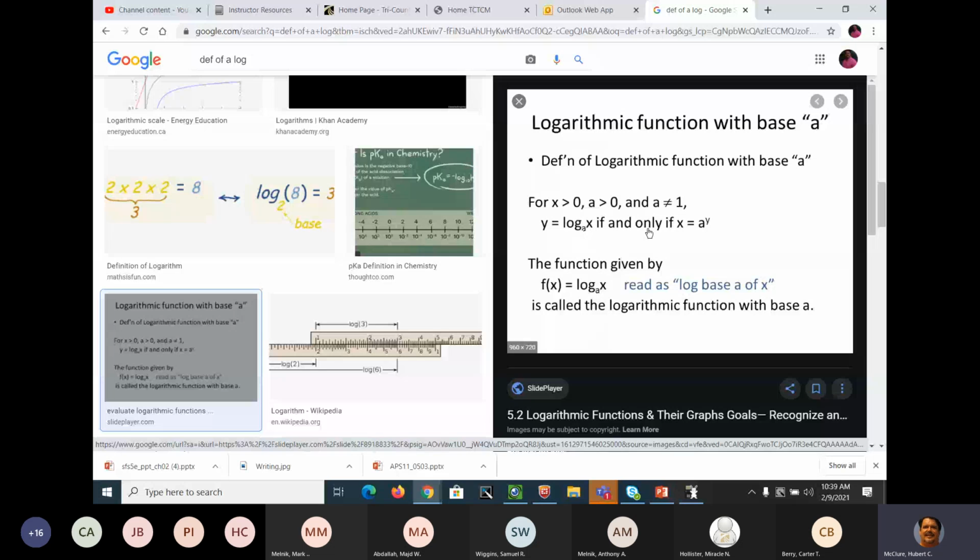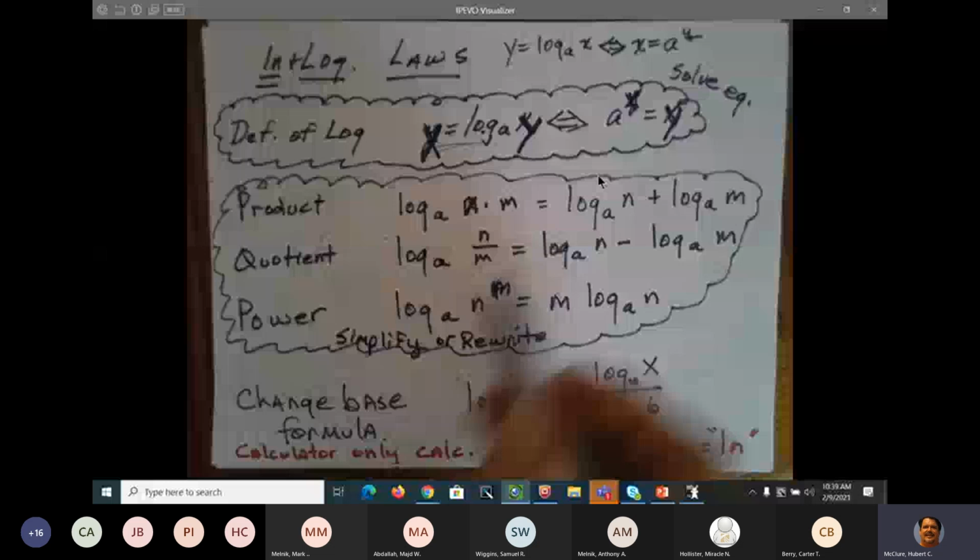This is the way it's written, the way I had it written. Okay. So you just write down however you want to. I don't write it like they write it. I write it like this. Y is equal to log base a of x, and that's equal to x is equal to a to the y. That's the way I write it, and you write it however you want to. Just make sure you got the right stuff in the right place.